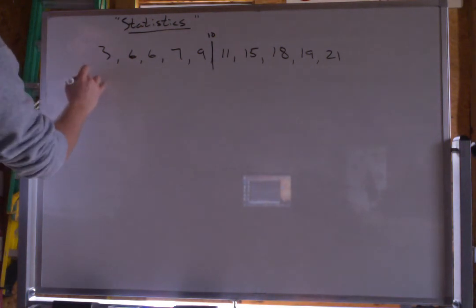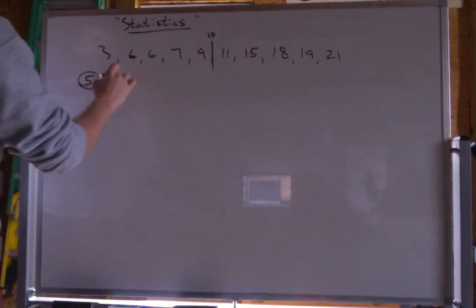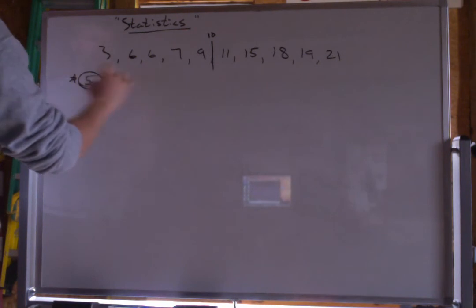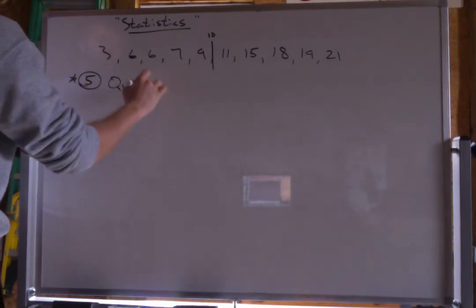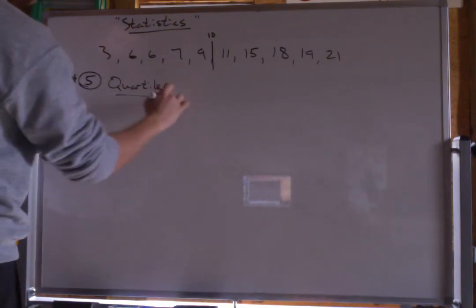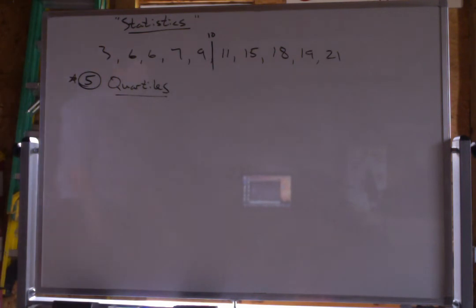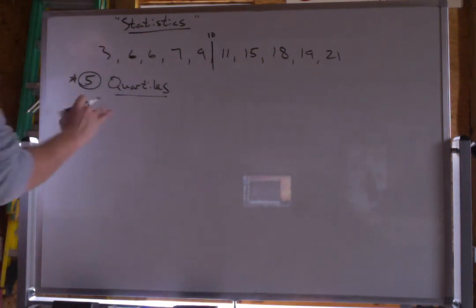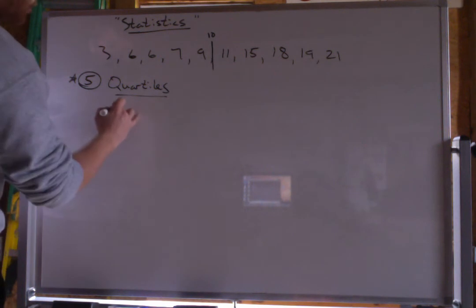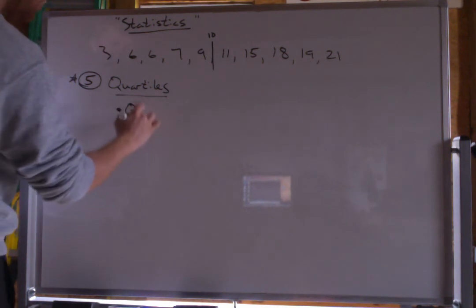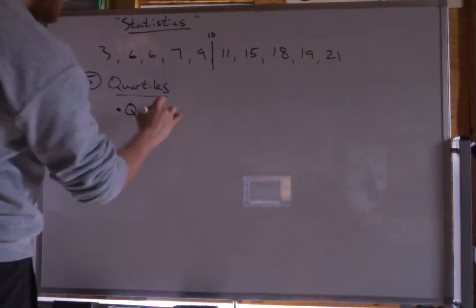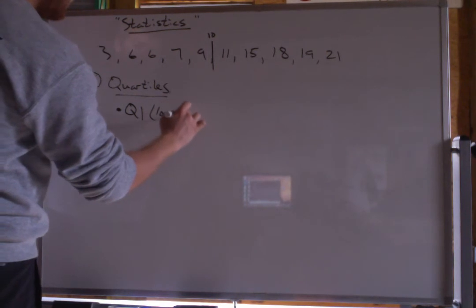So number 5, find the quartiles. Now they are going to be divided into 3 quartiles. Q1, which is commonly known as the lower quartile.